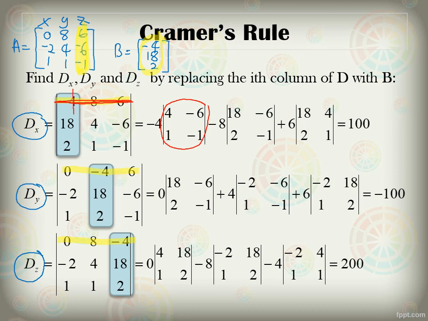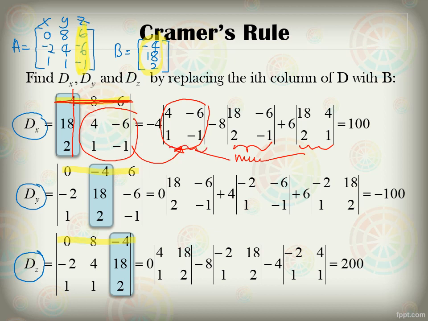You delete this and that, and this is the submatrix. All the elements in between the straight brackets here are all minors. That is minor.